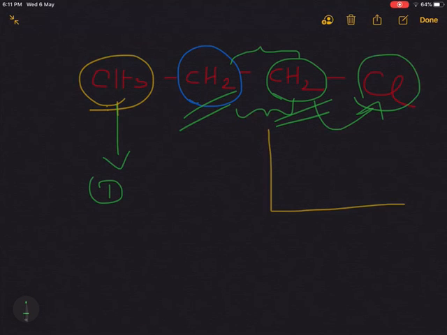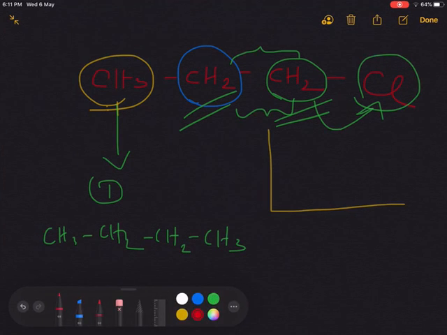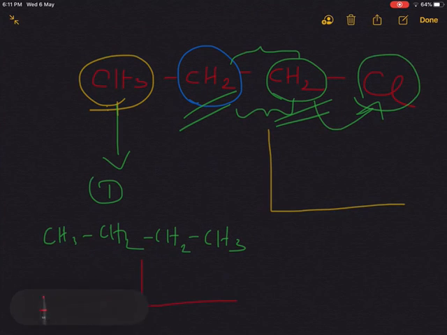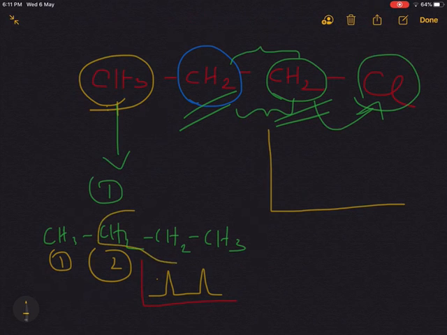In the case of CH3CH2CH2CH3, this compound, we get only two peaks corresponding to CH3 and CH2, because the two CH2 groups have the same chemical environment. The two CH3 groups have the same chemical environment. Corresponding to the two CH3, we get a single peak, and corresponding to the two CH2, we get a single peak.